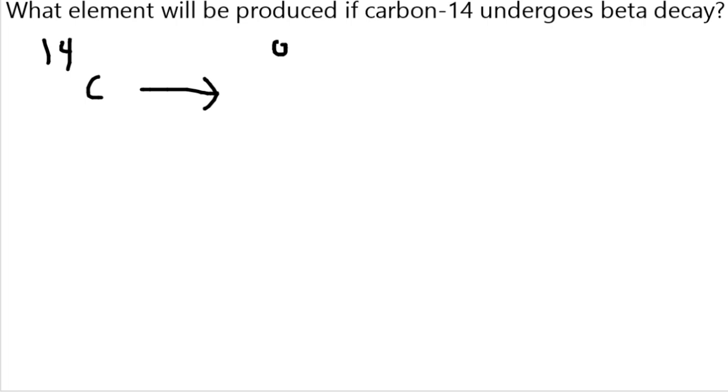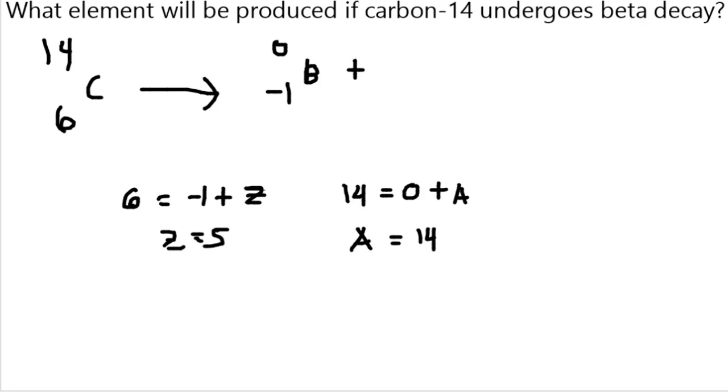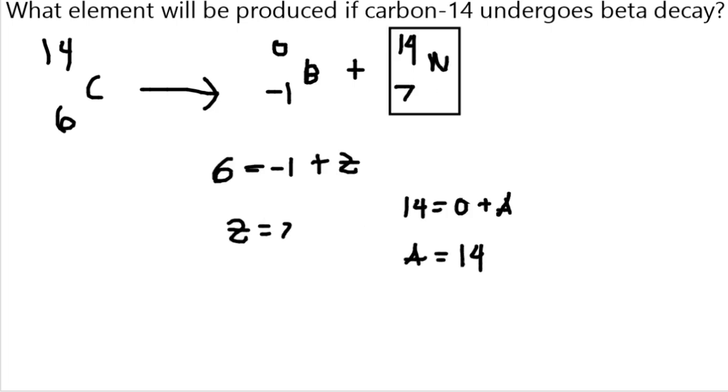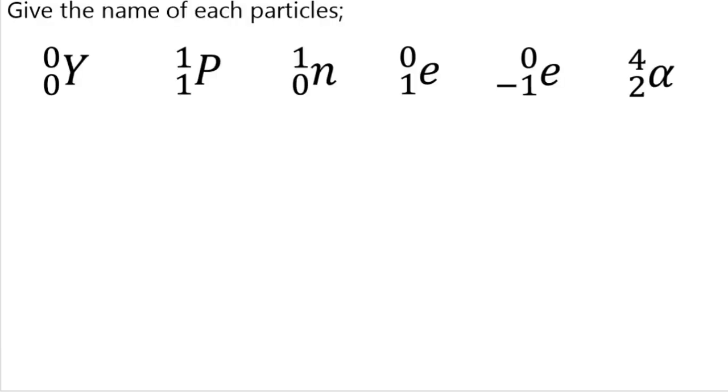So it does have a mass of 14, and carbon-14 will now undergo beta decay. So beta decay is basically this thing. It is massless, but it does have an electron. So you can write this as electron. So solving for this, the answer is going to be nitrogen.